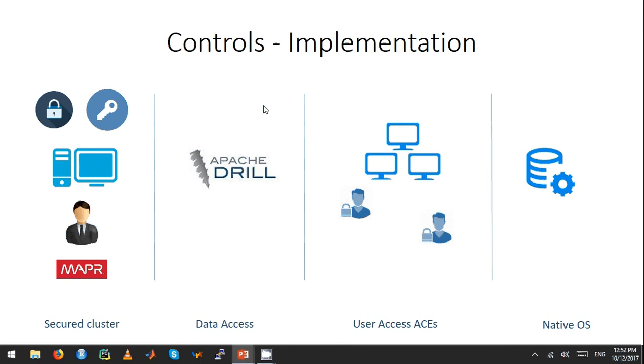MapR actually provides all the controls out of the box. It provides a very secure cluster, and then you enable data access through MapR Drill views, and then you set something called access control expressions on top of the Apache Drill views that enables you to share data and also restrict the group of people that you want to share with.